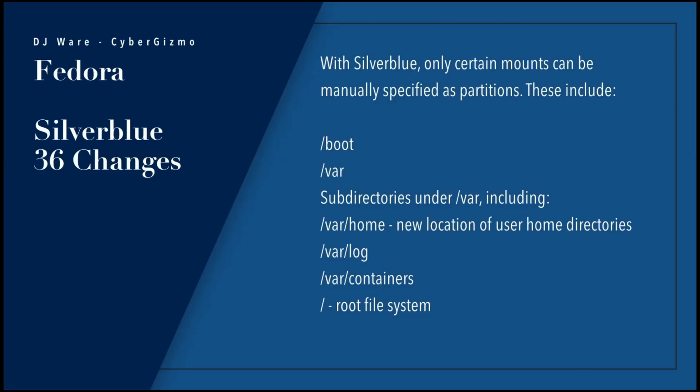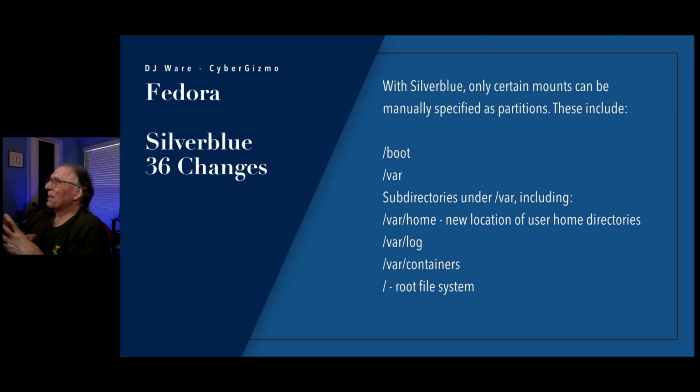So what are some of the changes that you can expect to see? What makes SilverBlue 36 different? They're talking about the actual specific things that you can map to a different partition: boot, var home, var log, var containers, and even the outermost root level can be remapped.